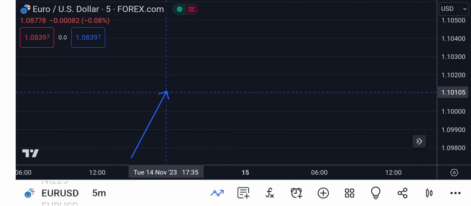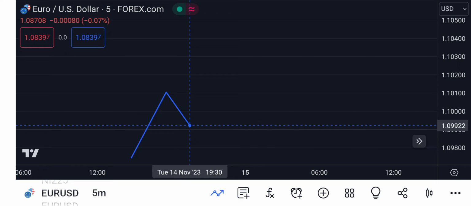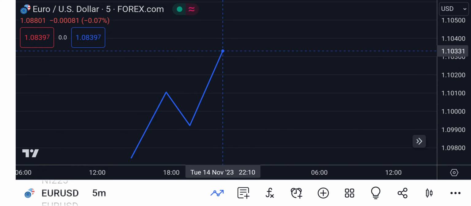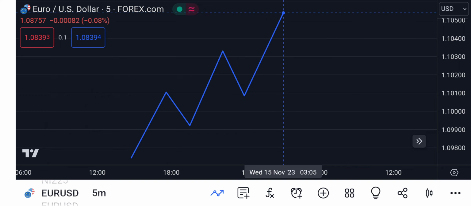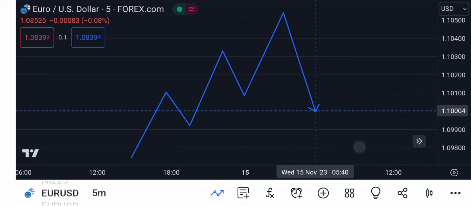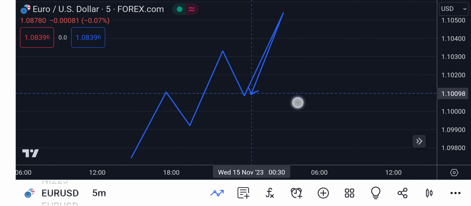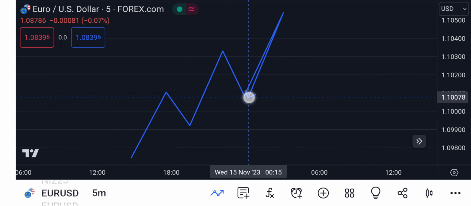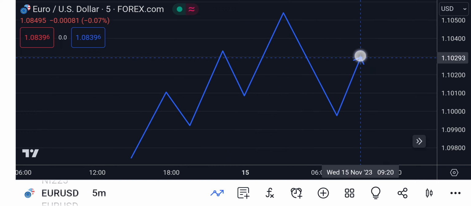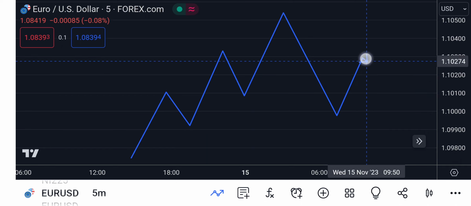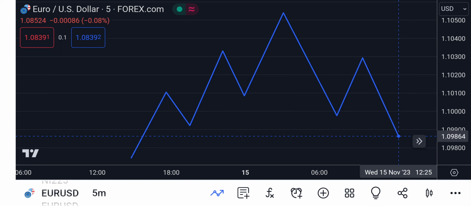It makes a leg, a reversal, another leg breaking the previous higher high, a reversal, another leg breaking the previous higher high, and then it reverses, breaking the previous higher low here. It breaks below it, then it reverses, making a new higher low here, then breaks to the downside.